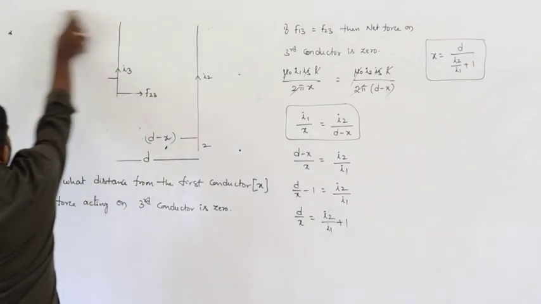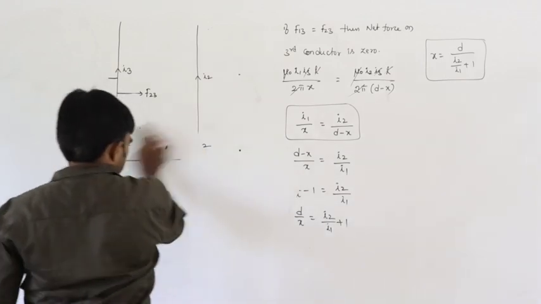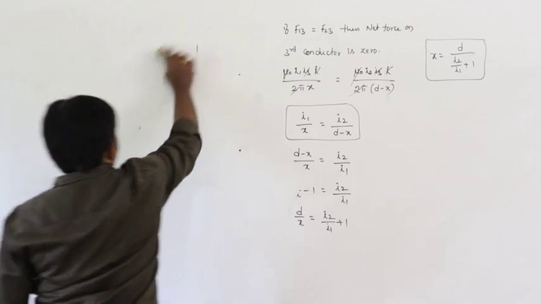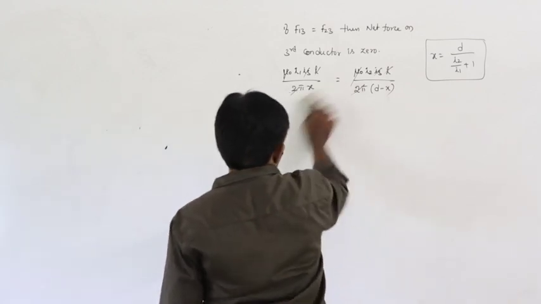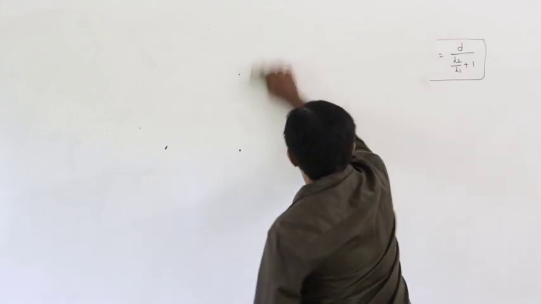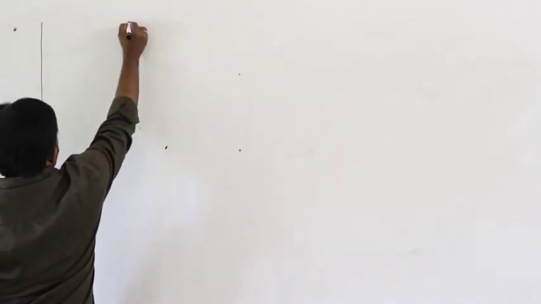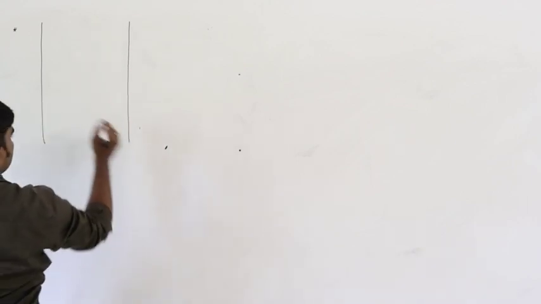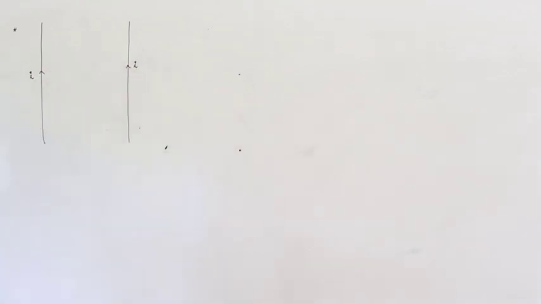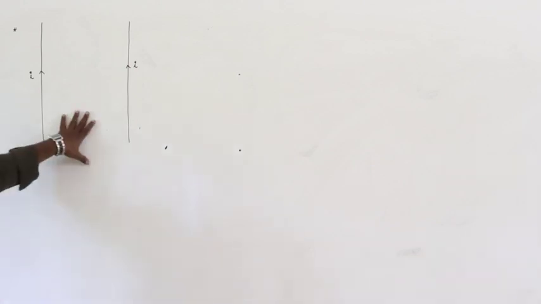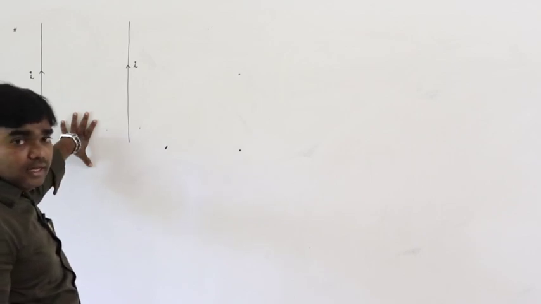Next application here. Two infinite current carrying conductors carrying the same current, let us say it is I and it is also I, in the same direction.